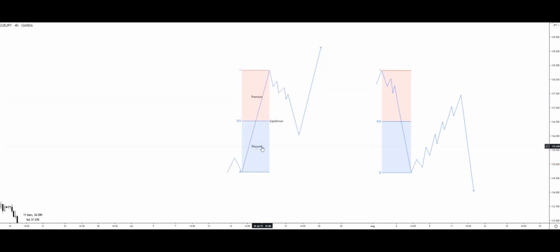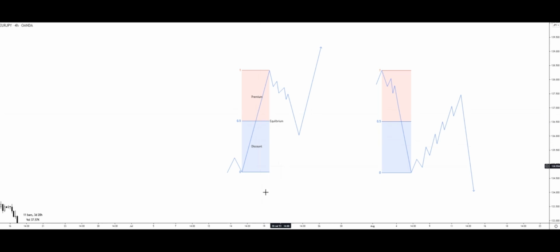Pretty much what we're looking at is the blue zone, so the 0 to the 0.5, that is our discount zone. When I say discount zone, you may be wondering what I'm talking about. When we're looking to buy within a certain trade, for example if we're in an uptrend and I measure the higher low to the higher high and price pulls back, we want to be buying in the discount zone.